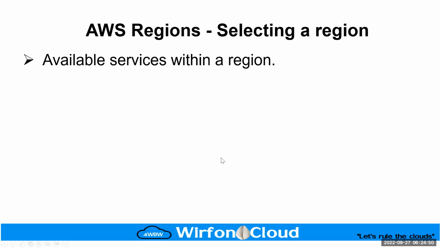Then you also think about available services within a region. There are over 200 AWS services, but some of these services are not available within particular regions. So when deploying your application, or when selecting a region, think about that as well.